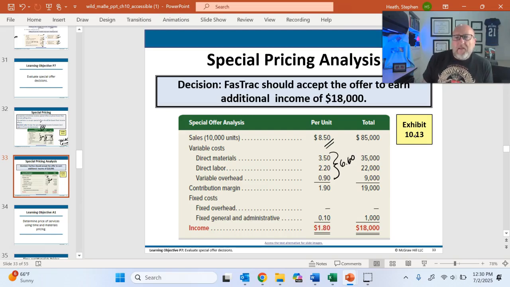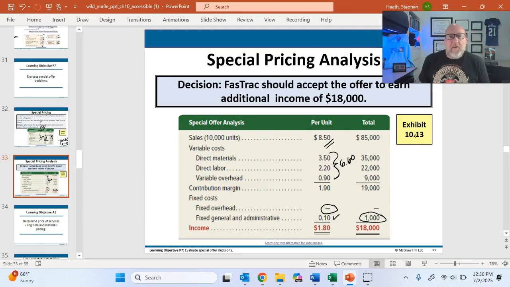Then they are saying that there are no additional fixed costs. However, there is $1,000 in fixed SG&A. So maybe it's the case that to process the order and send the packaging out, it's going to cost us $1,000 for this entire order.